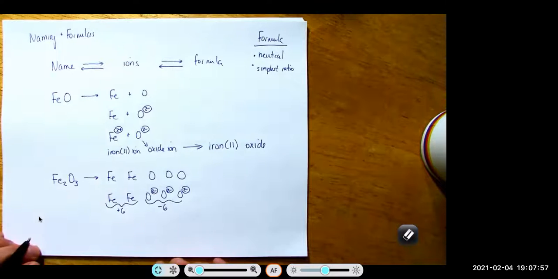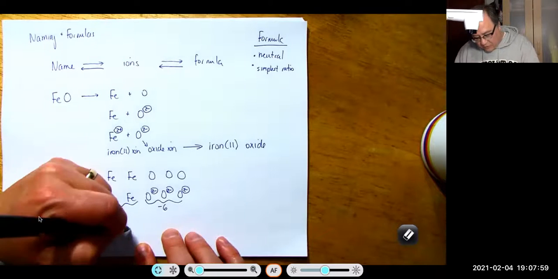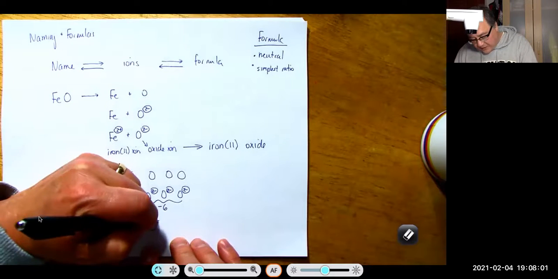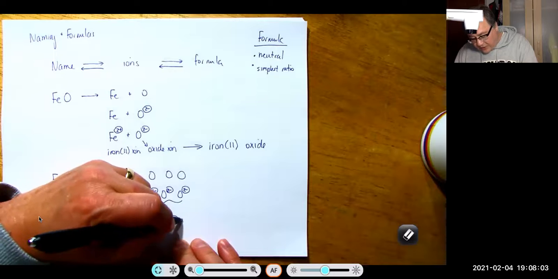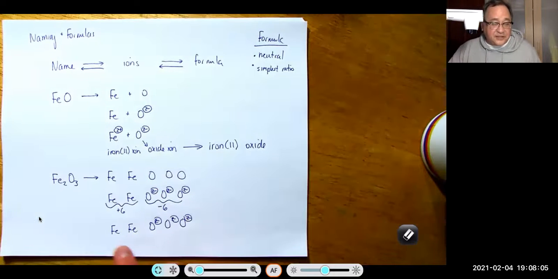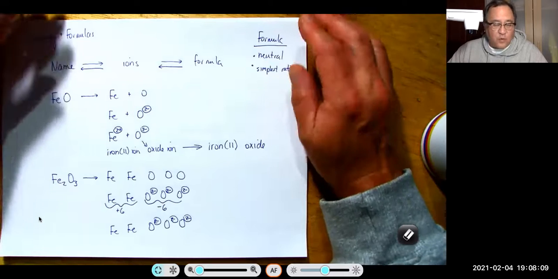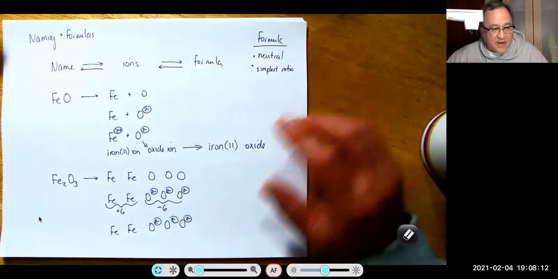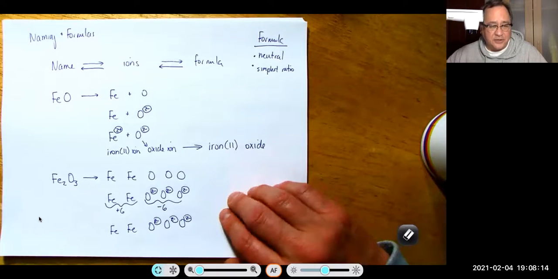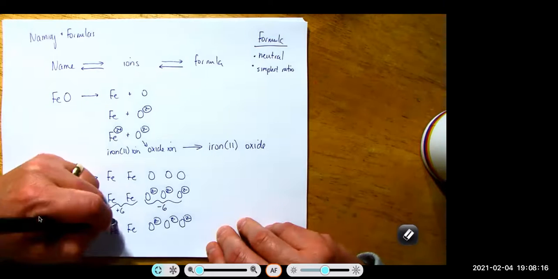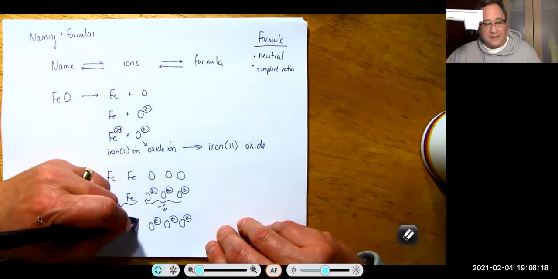So what do the charges have to be on those iron ions to make a +6 charge overall? And trust me on this one, you're not going to say, well, one of them could be a 1 and one could be a 5. You give them both the same charge. So what, 3 and 3? Yeah. Right.